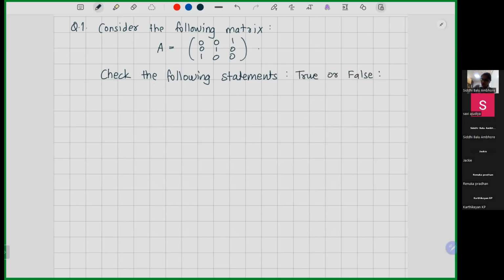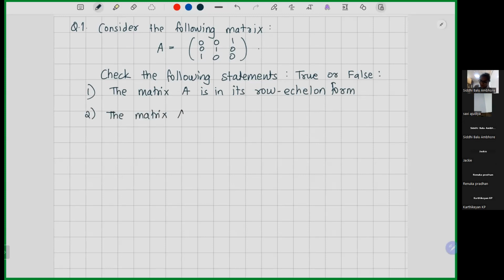The first statement is that the matrix A is in its row echelon form. We'll discuss the definition of row echelon form and others. So let me just write down all the statements.